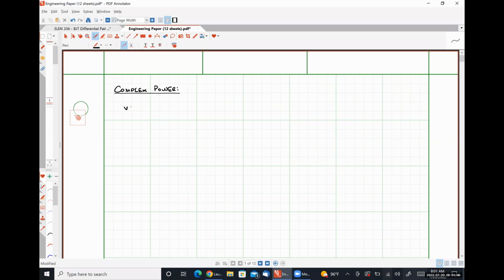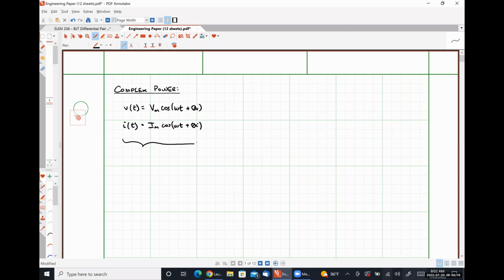So let's say that we have a steady state sinusoidal voltage v(t) that can be expressed as Vm cosine(omega t plus theta V), and a steady state sinusoidal current i(t) that could be expressed as Im cosine(omega t plus theta I).